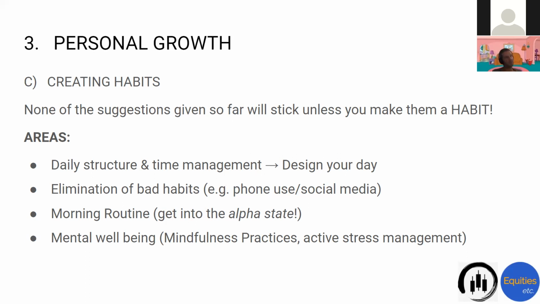This begins with daily structure and time management, and how you design your day. That was particularly important for me with having young kids. What's your daily routine? The situation is different for everyone. You're single, you have a family. It's good to maybe go through your day or have a little journal or book and do that for a week or at least a day or two, and see, okay, what am I doing at what time?